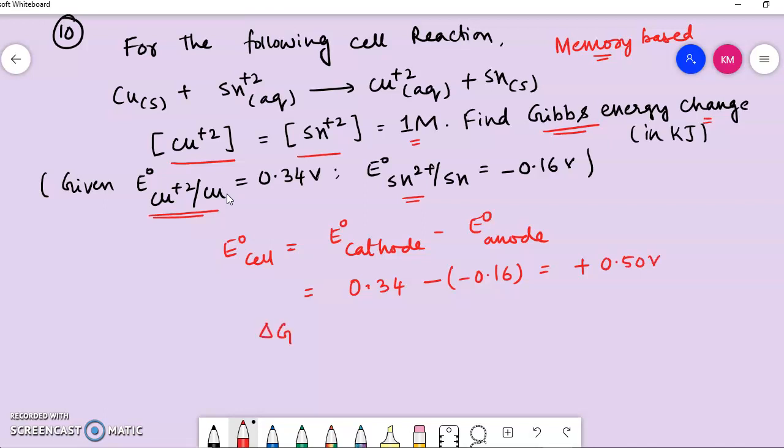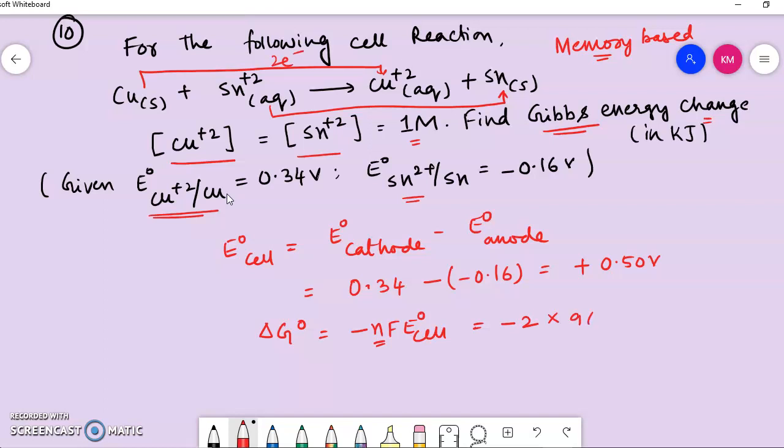But you have to calculate the delta G0, Gibbs free energy change, that is minus nFE0 cell, which is equal to minus 2. The n value is equal to 2. Why? Because Cu changes to Cu2+, Sn2+ changes to Sn. It is a 2 electron change, guys.